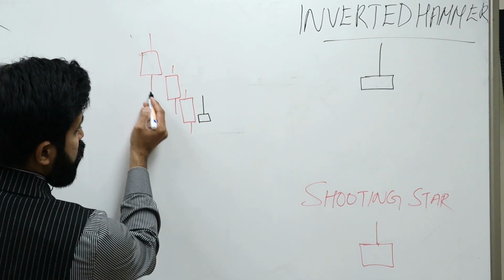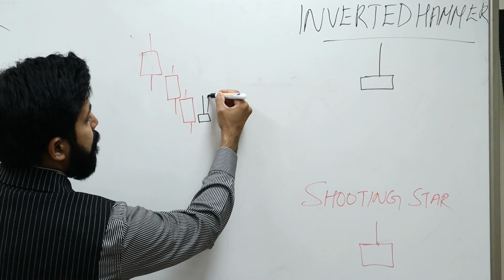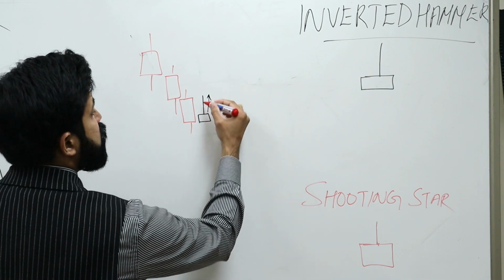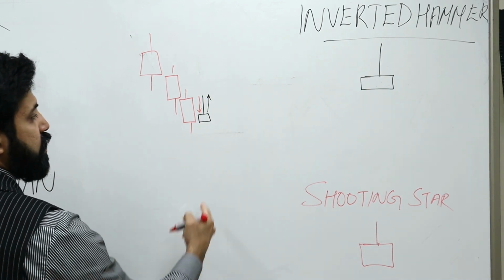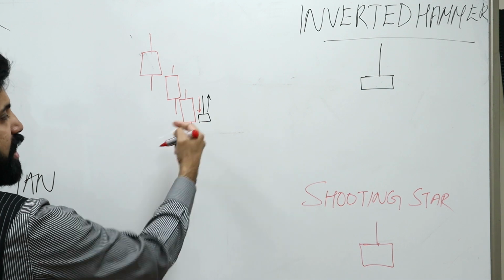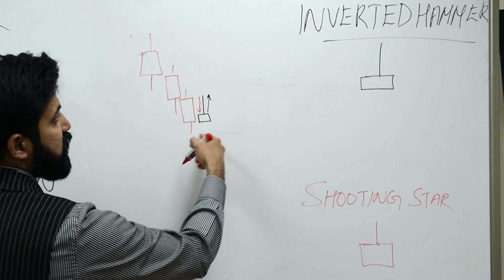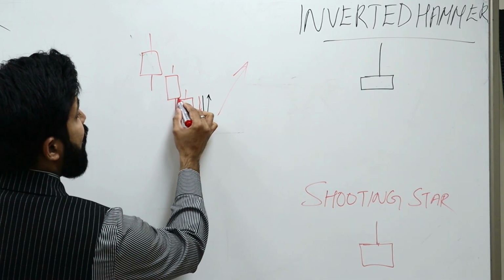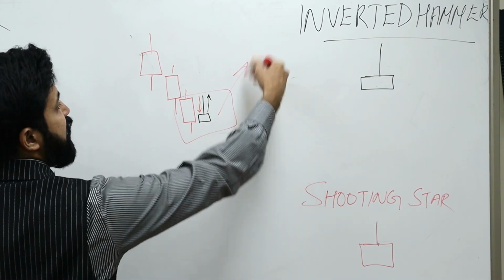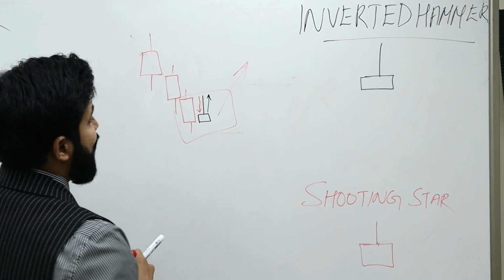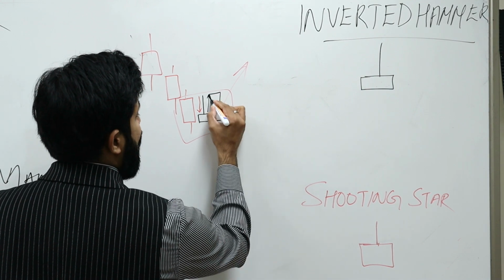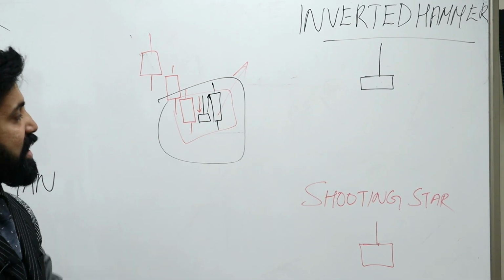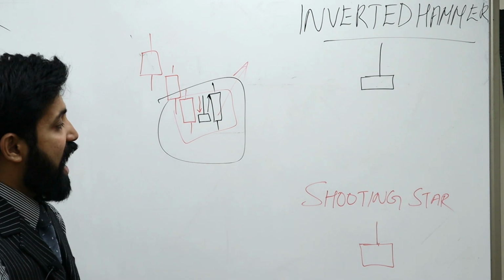That means even though we were trending to the downside, buyers tried to push it up, and then eventually sellers pushed it back down, but the buyers won the game. They closed it in green. So that shows you we are going to go to the upside from here. Potentially you may have another couple of candles inside this pattern and then go up, or sometimes you may directly get another candle like this, which turns into a pattern here. You get that easily. So that's the inverted hammer.